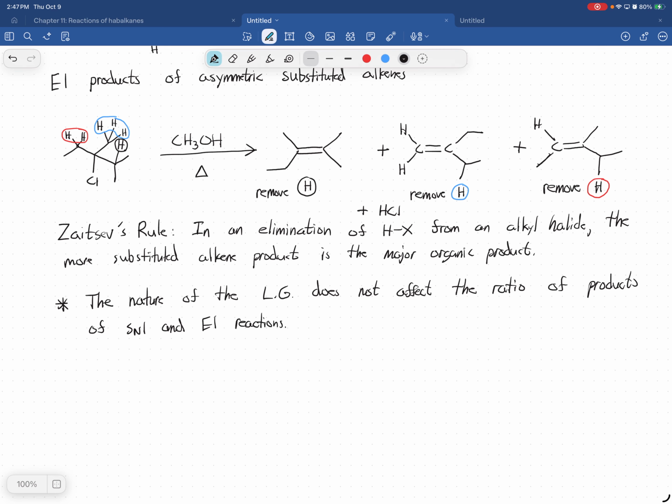What the leaving group does affect is how fast the carbocation is formed. That's it. It doesn't affect the ratio of these products, okay? All right, that'll be it.